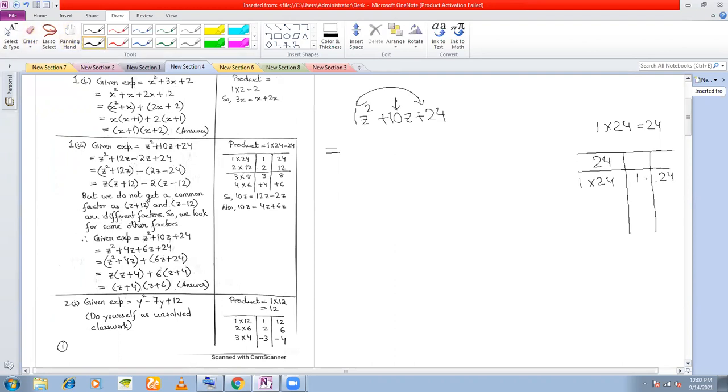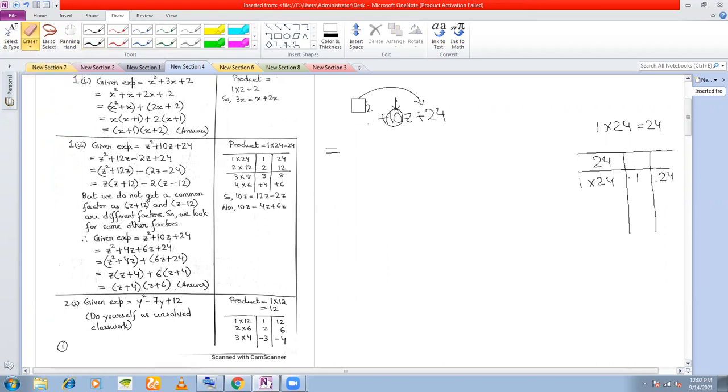If you take plus 1 and minus 24, you will get minus 23, right? And minus 1 and minus 24 will give you minus 25, right? So therefore, there is no way that you can get this plus 10 from these two factors.